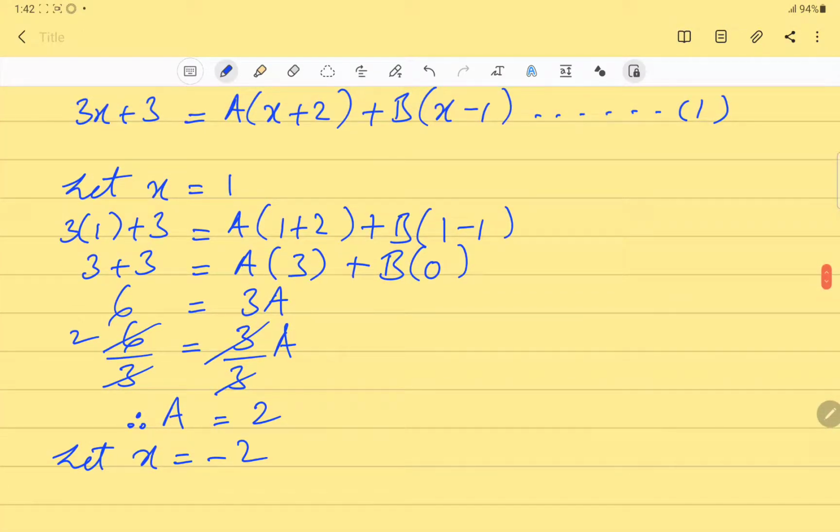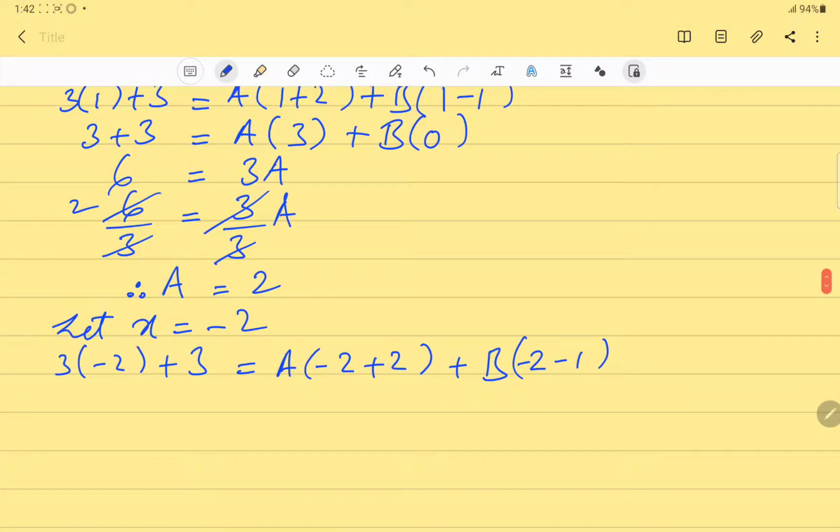In that case our equation becomes 3 into minus 2 plus 3 is equal to a into minus 2 plus 2 plus b into 2 minus 2 minus 1. 3 into minus 2 is minus 6 plus 3 is equal to a into 0 plus b into minus 3. So we are left with minus 3 is equal to minus 3b.